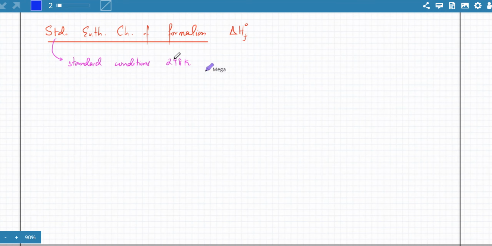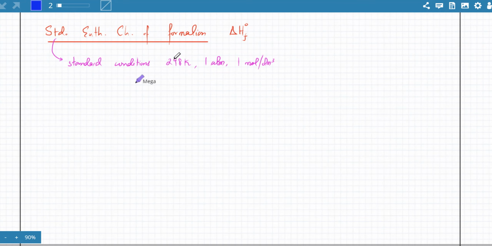The other thing is that when you talk about standard, you talk about atmospheric pressure, which is going to be 1 atmosphere. And finally, if it's a solution, it's going to have a concentration of 1 mole per decimeter cube. So that's your standard conditions.